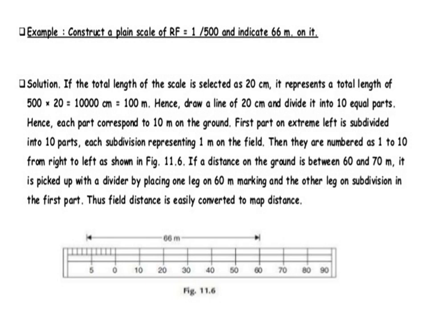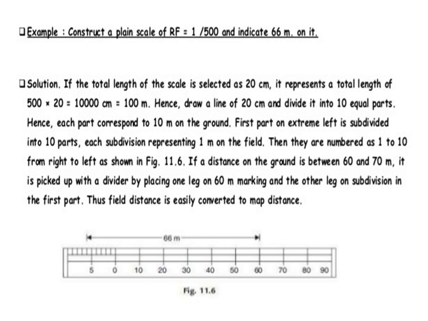This slide refers to construction of plane scale of RF 1:500 and to indicate a distance of 66 meter on it. So in this problem, if the total length of scale is selected as 20 centimeter, means we are going to make use of 20 centimeter scale length.